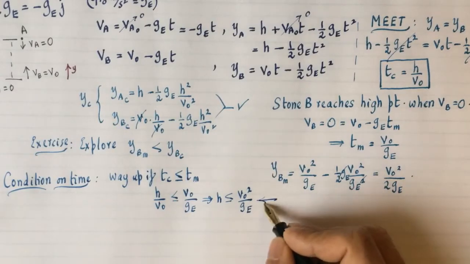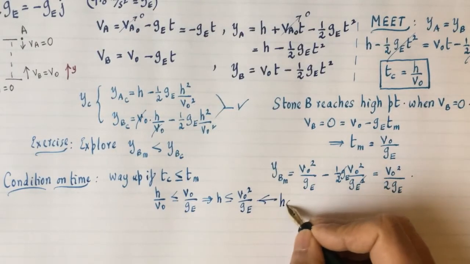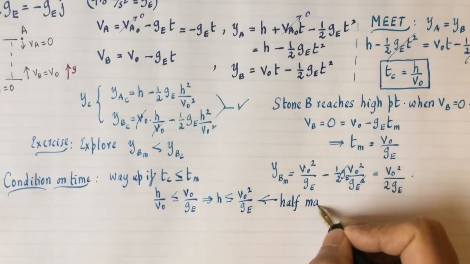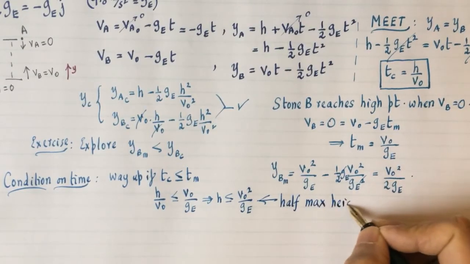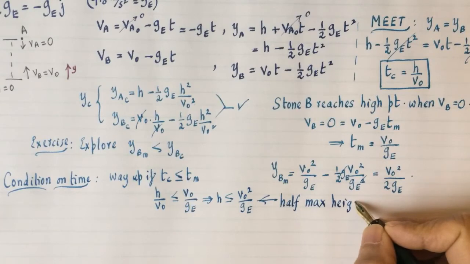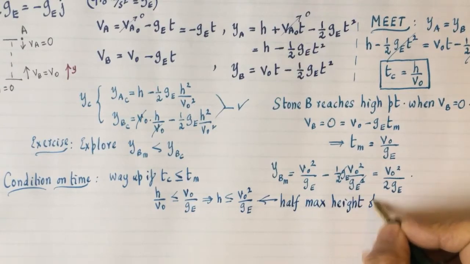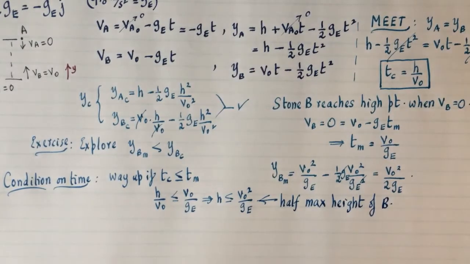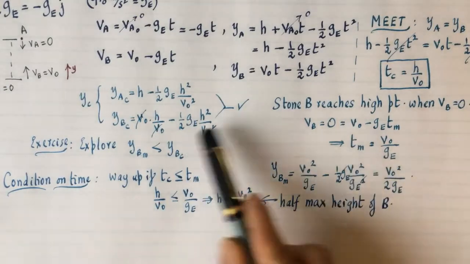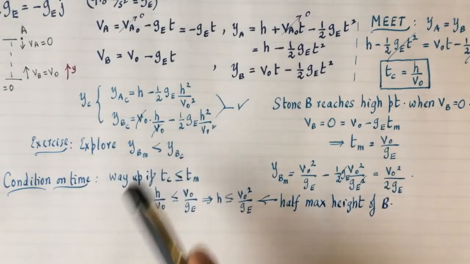So if you start from less than half the maximum height, then you meet on the way up. All right, and I invite you to see that you get the same condition using this.